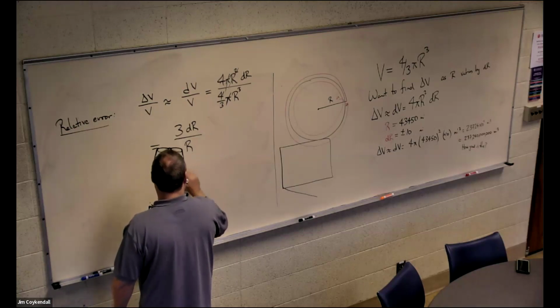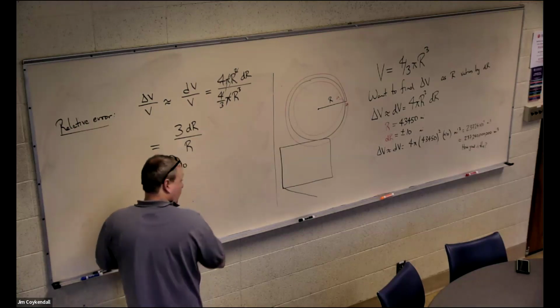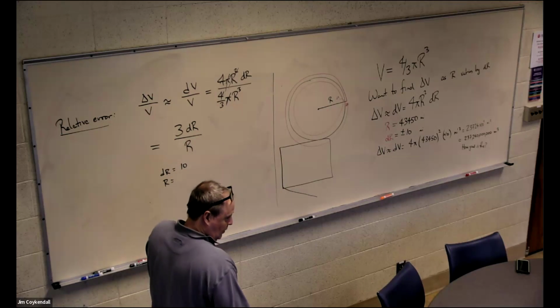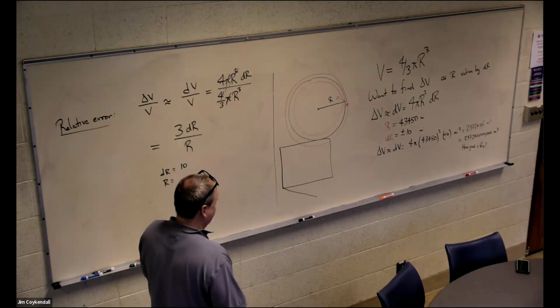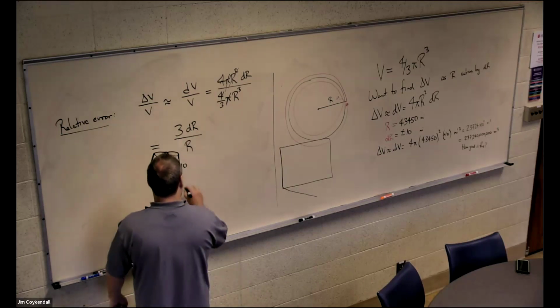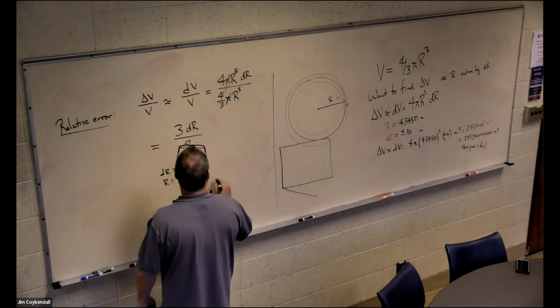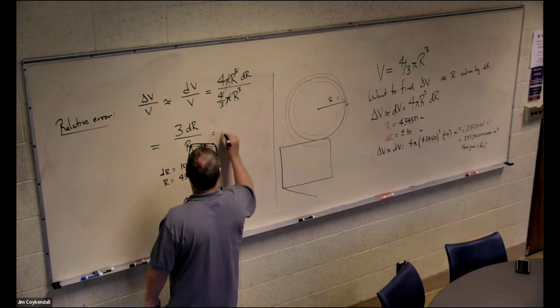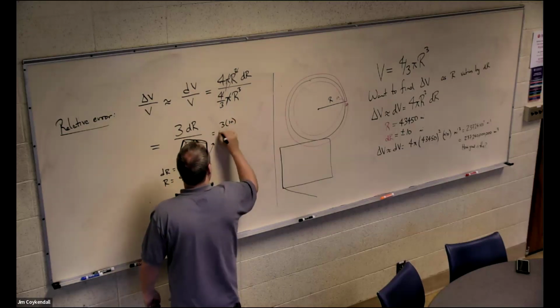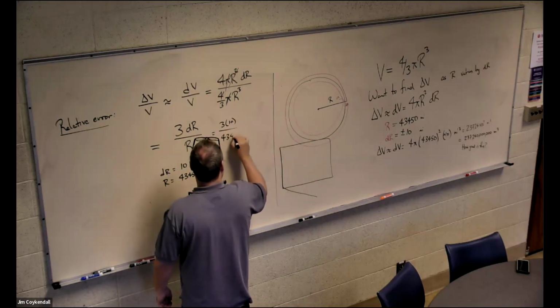Right, and I'll take this in absolute value, I'll just take 10. What's R? What's my theoretical measurement of Jupiter? So this number comes up to about 43,000.